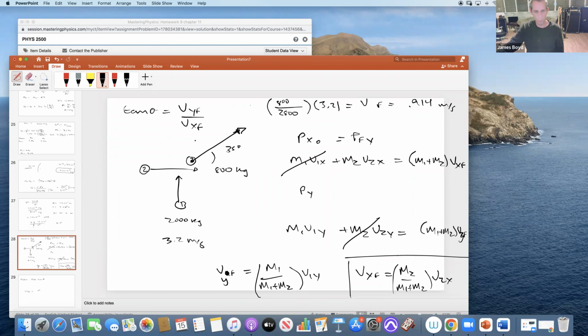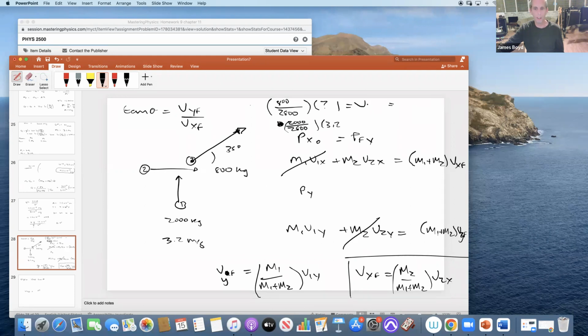This is true, and that's tan of 35. This was Vx final because 2 is in the X. And 2000 over 2800 times 3.2, that's what I did wrong. I don't know what this is. This is unknown. This is what I want to find.